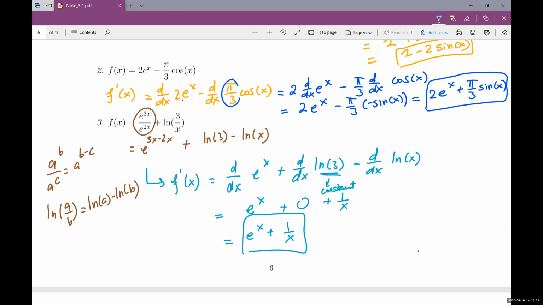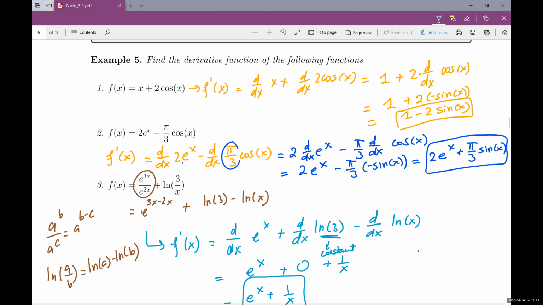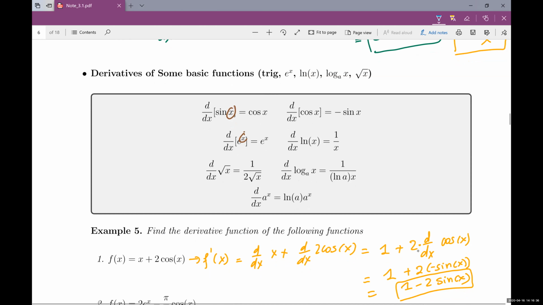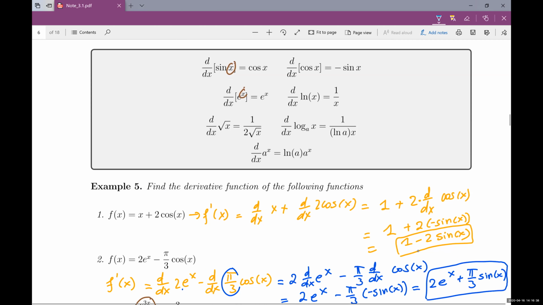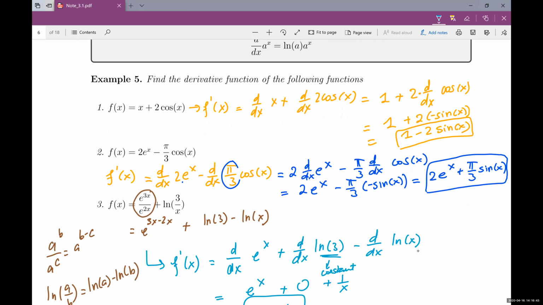So you learn about the constant rule, constant multiple rule, power rule, and you learn how to find the derivative of some of the basic functions here. And then you learn how to manipulate all the rules in order to find the derivative of functions that are a little more complicated than the basic functions here.